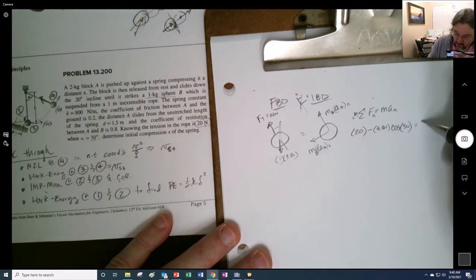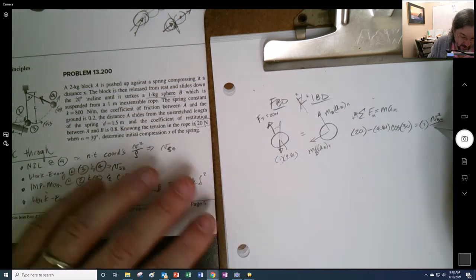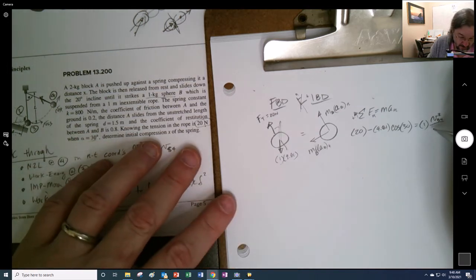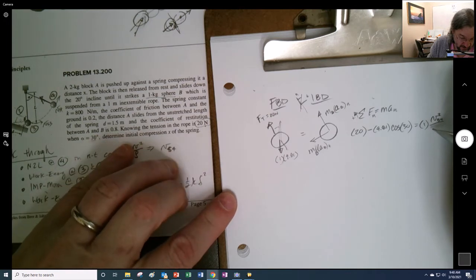And that's going to equal our 1 kilogram times vB squared over our length. And they gave us a length. They better have given us a length.